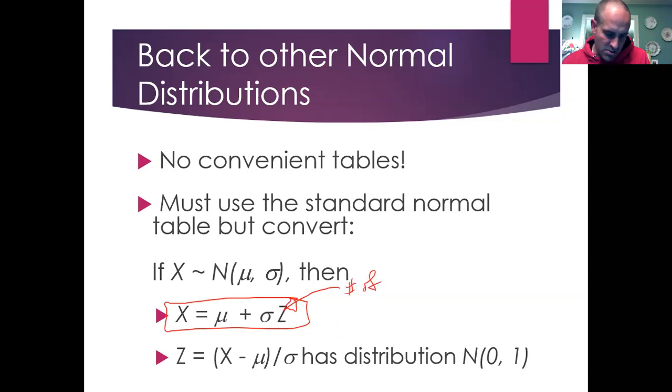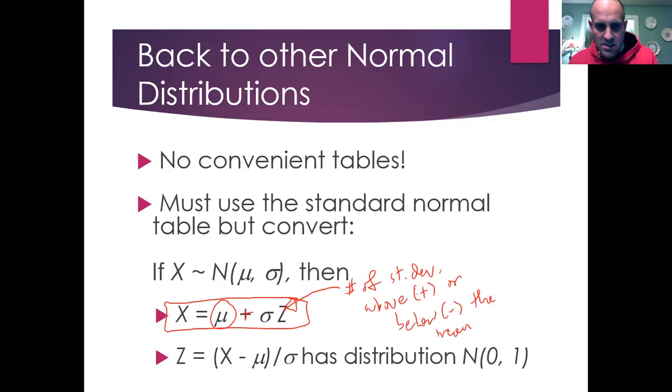Think about it: here's mu, that's a constant, and I just add sigma times z. So the relationship here is that z is the number of standard deviations above, if it's positive, or below, if it's negative, the mean. That's all that z is telling you.